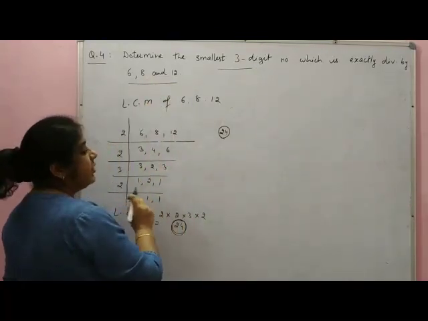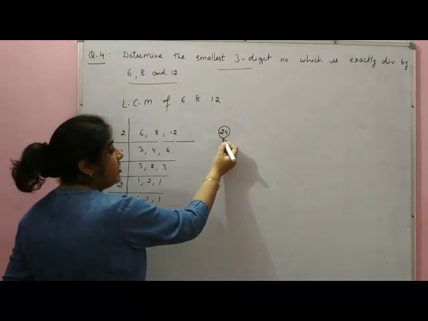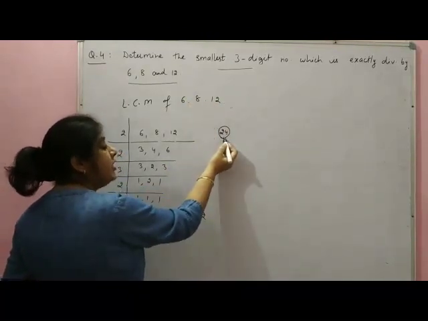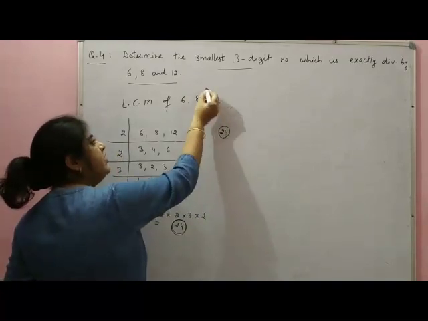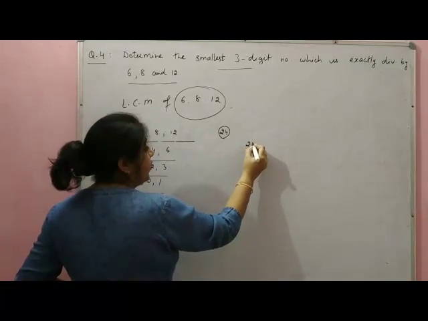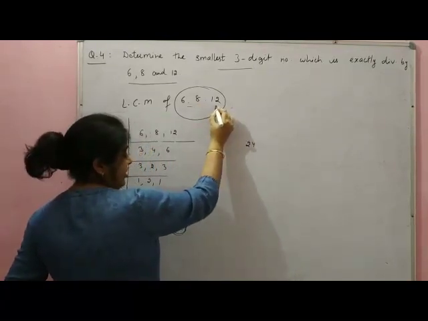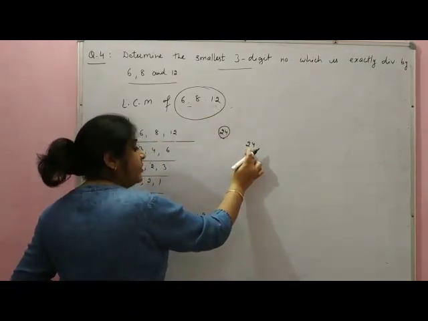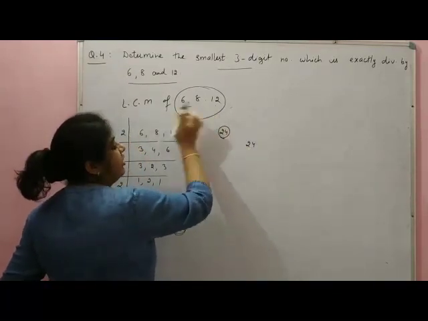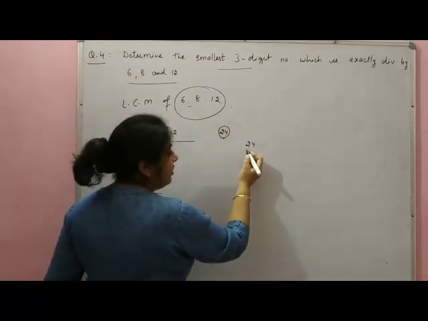If a number is divisible by all 3 numbers, then all its multiples also will be divisible by all 3 numbers. So we will go with the multiples of 24.